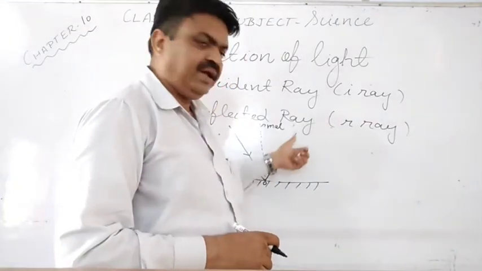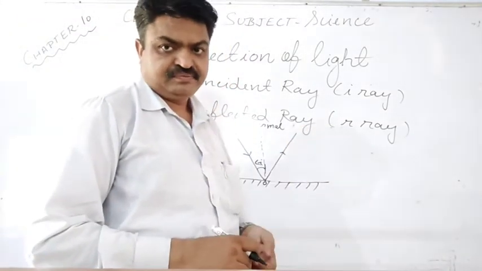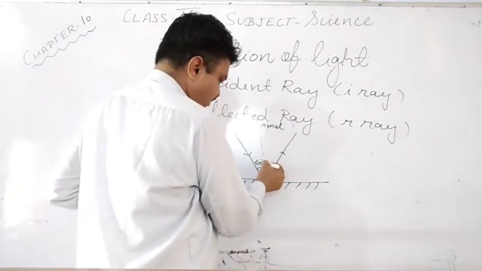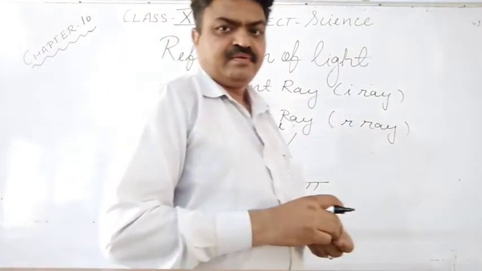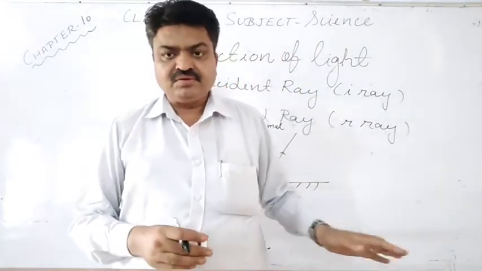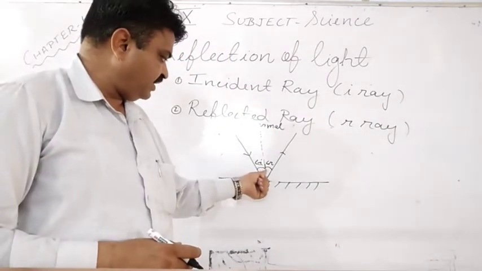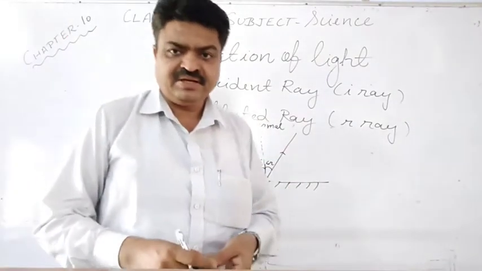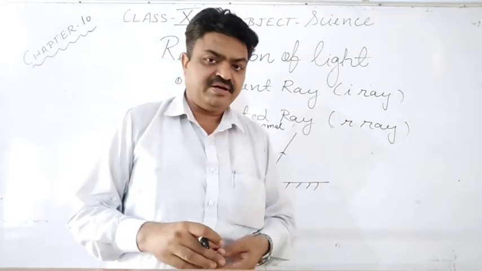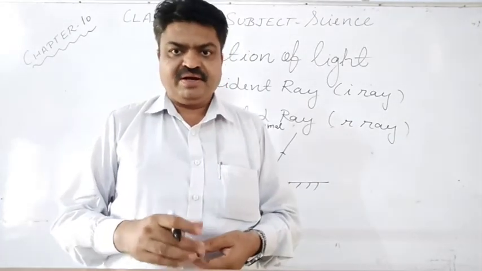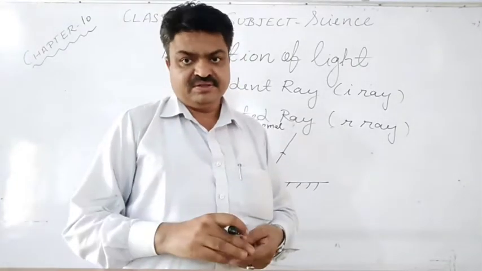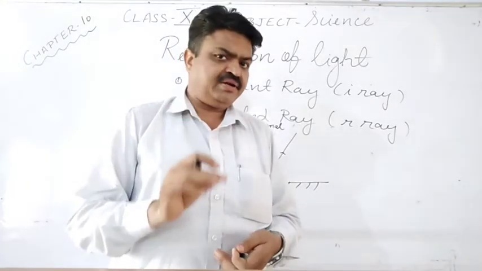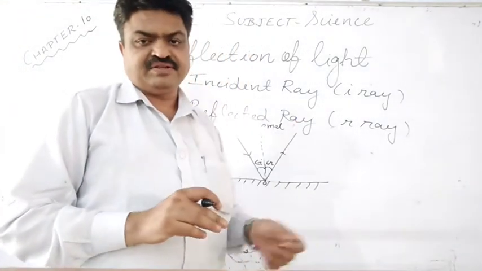The rays that are bounced back are known as reflected rays, and they form the reflected angle. So this is the incident angle, this is the reflected angle, and this imaginary line we call the normal, at which the object is observed by us. It is always perpendicular to the surface, meaning it forms a 90-degree angle to the surface.